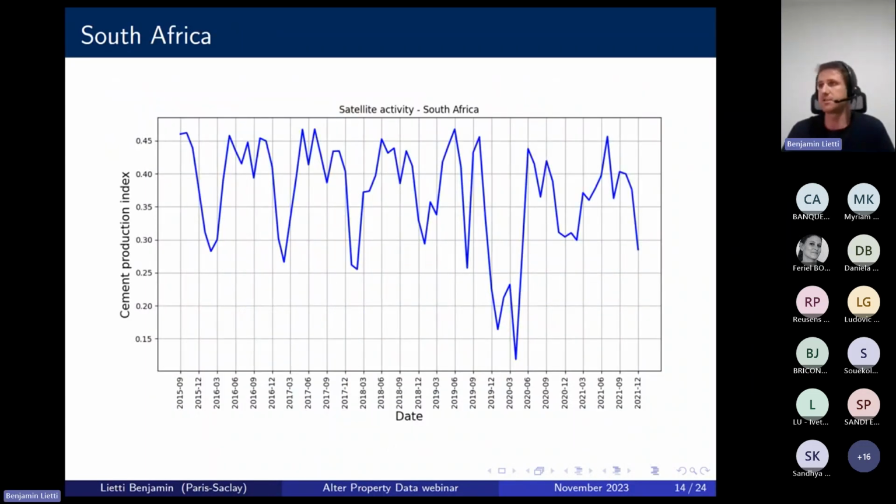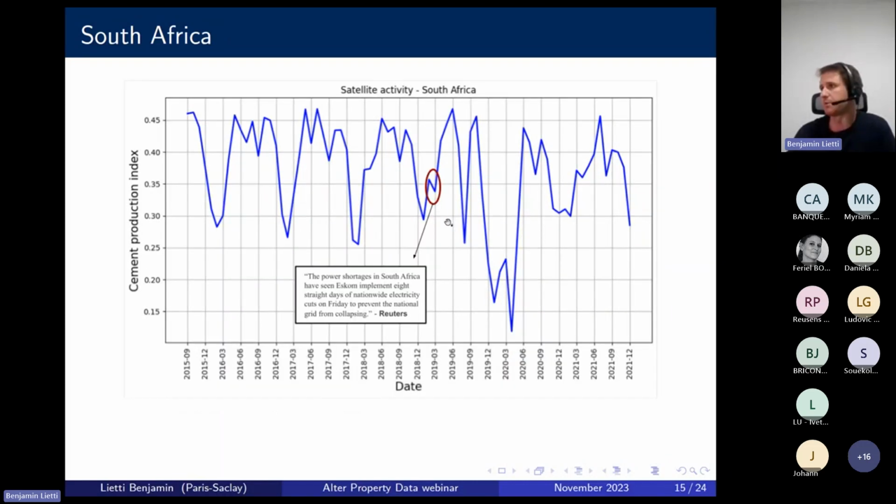And let's see what happened in South Africa. So here you have just the satellite index, so the monthly index, not the daily one. But we can see that up to this point, so up to the end of 2018, it was quite usual, every year the same, with the troughs at about the same times. But we can see that there is some event that happened.